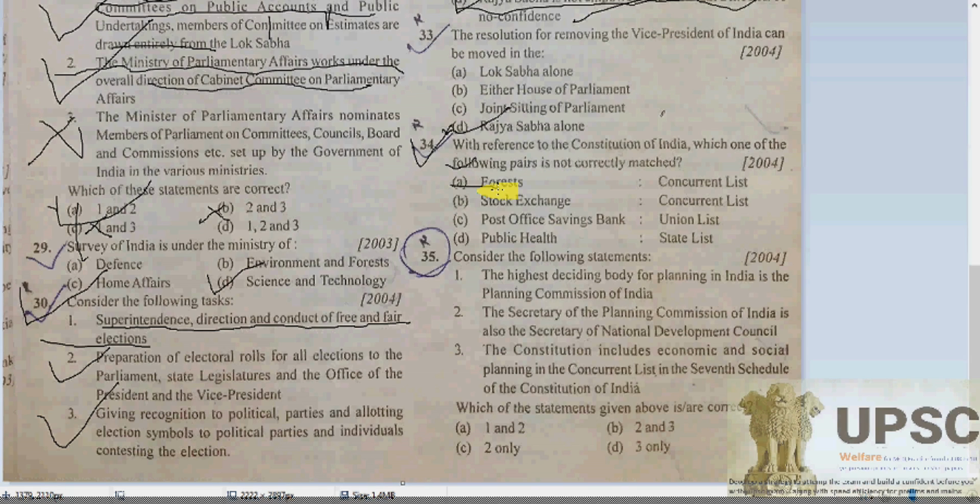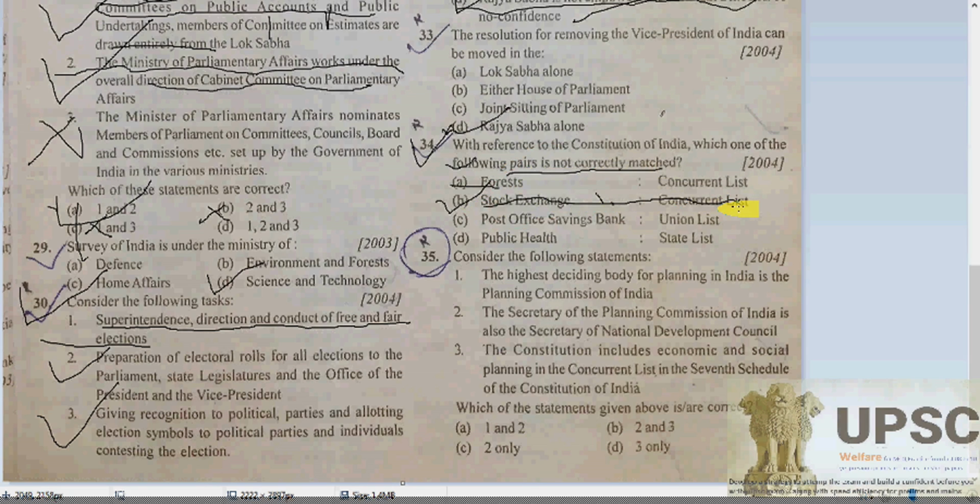Let me inform you that the stock exchange is under the union list, not under the concurrent list. So B is absolutely not correct. B will be the correct answer, because here they are asking for the not correct match. So B, the stock exchange, comes under the union list.